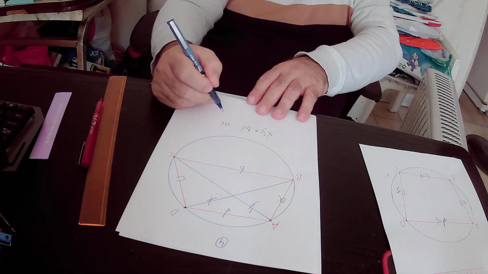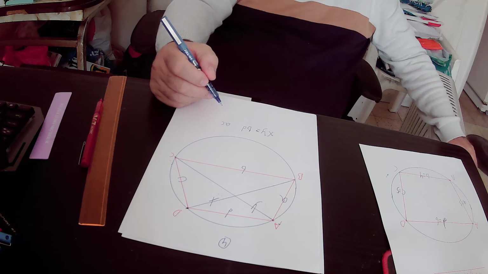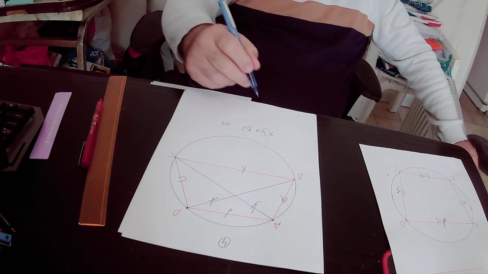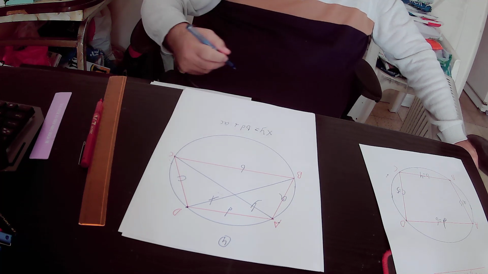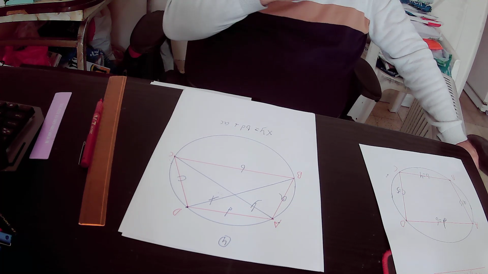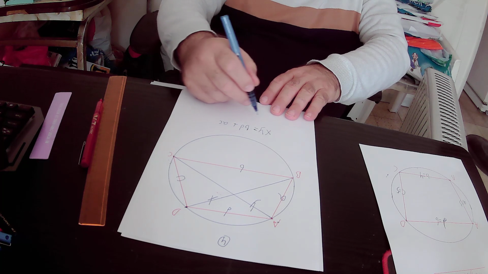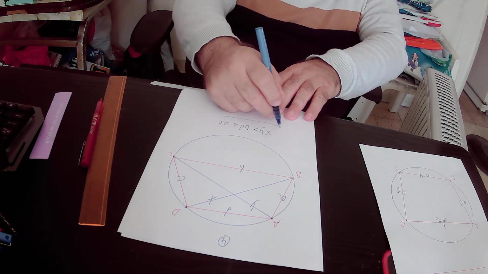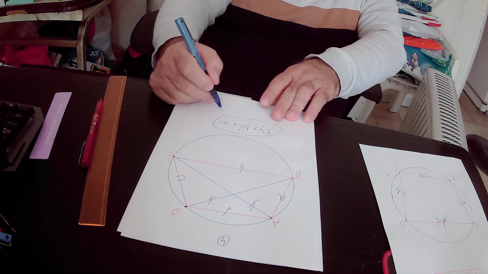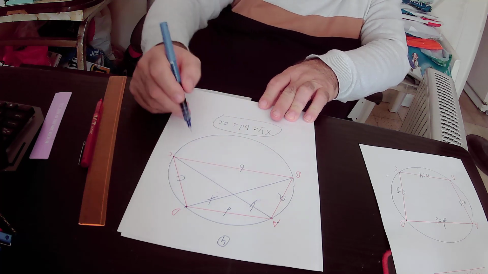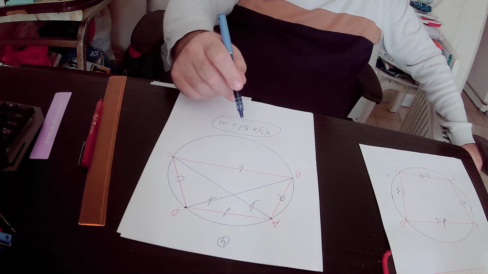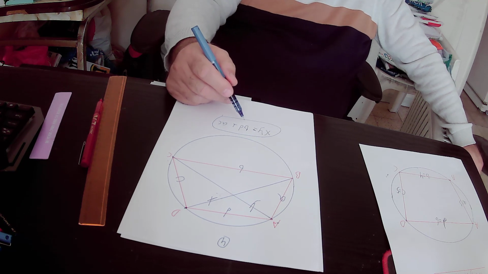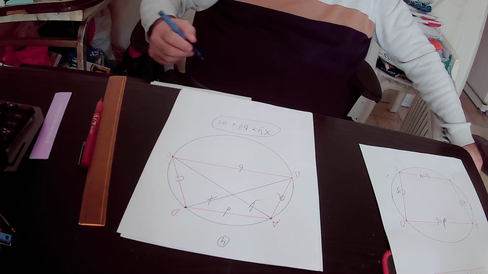And the sum of the products of its opposite sides is actually BD plus AC. And according to rule number 2, the product of its diagonals, that is to say x times y, equals the sum of the products of its opposite sides, which is BD plus AC. Okay?